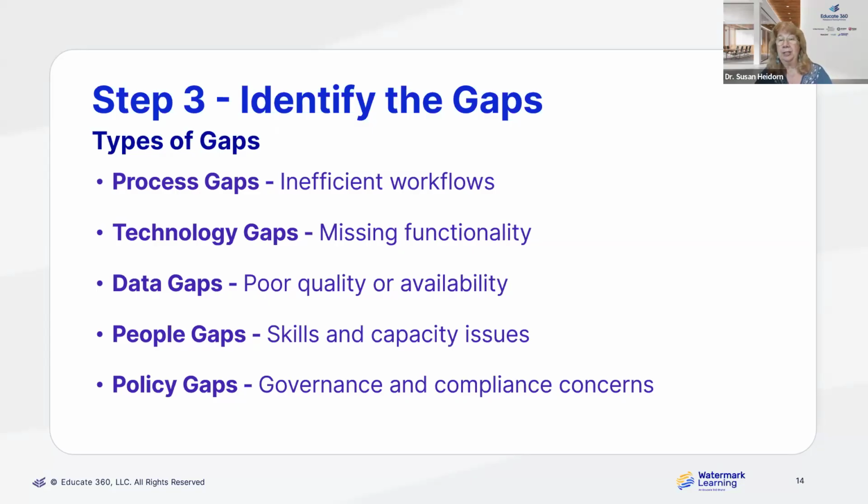And we want to look at the different ones because if we just stick with, let's say we think it's a process gap, and we look there, we might not look elsewhere. So sometimes a gap could be because people don't have training. Technology doesn't support the business need. Data quality has bad performance, or it's inaccessible.